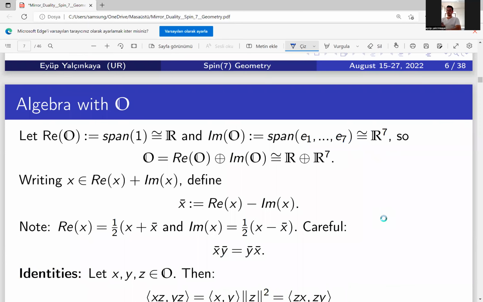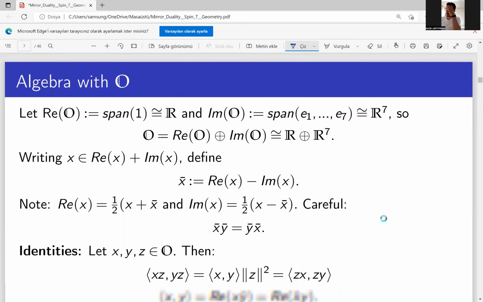And for the octonion construction, I said the real part of the octonion is the span of 1, and the imaginary part is the span of e1 to e7.